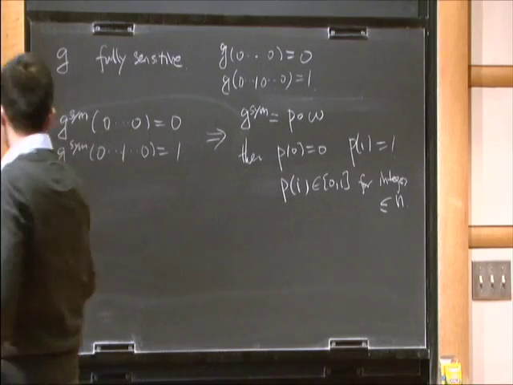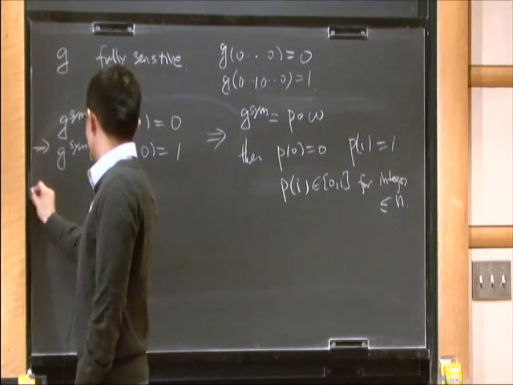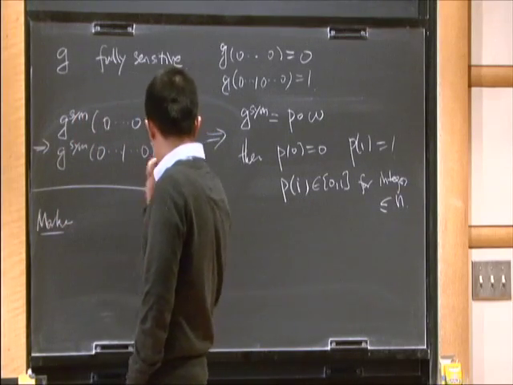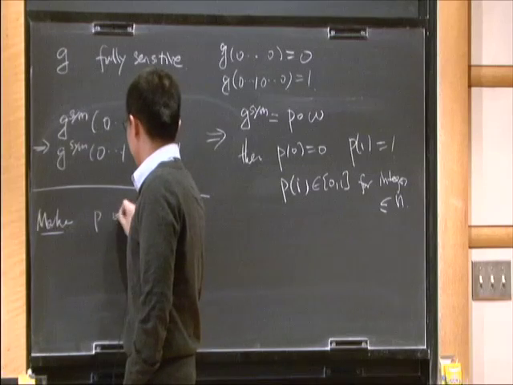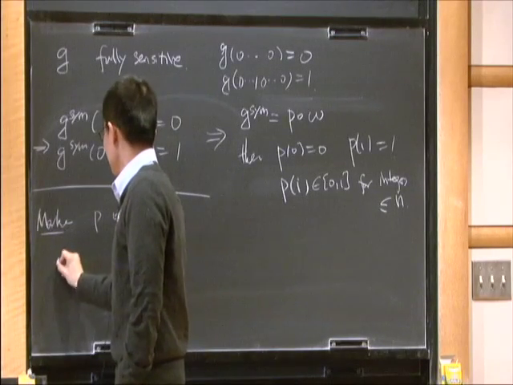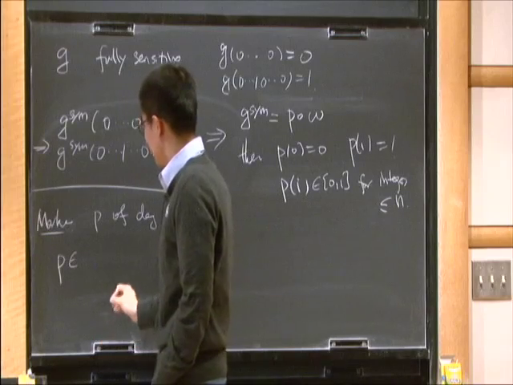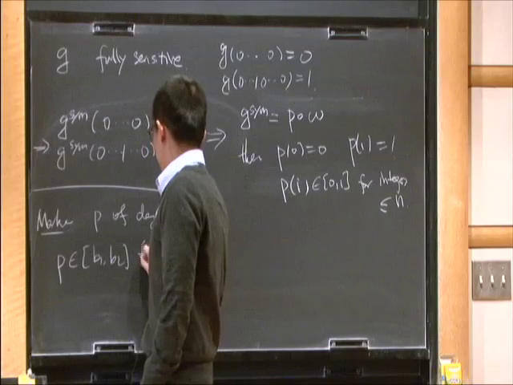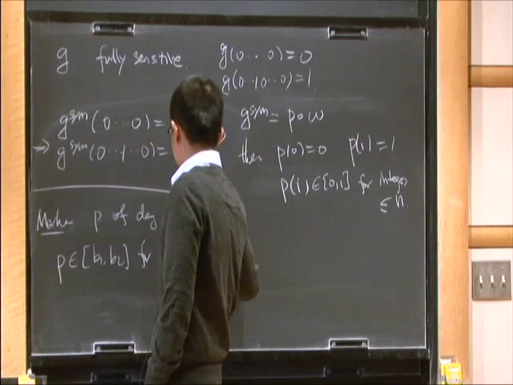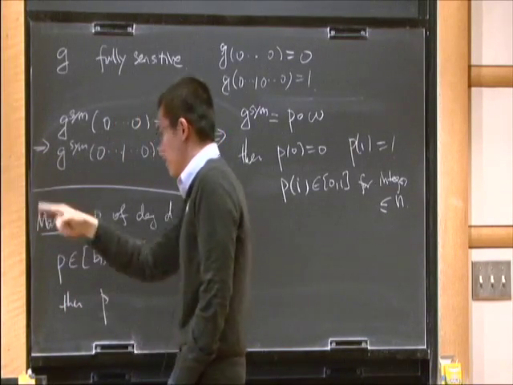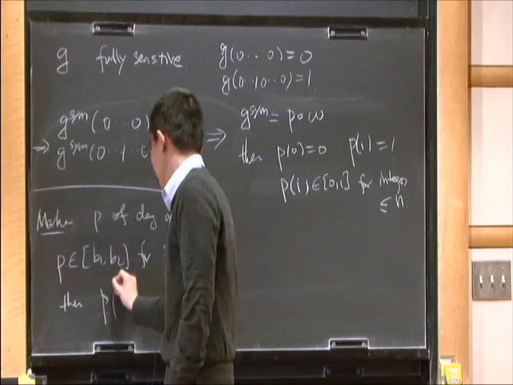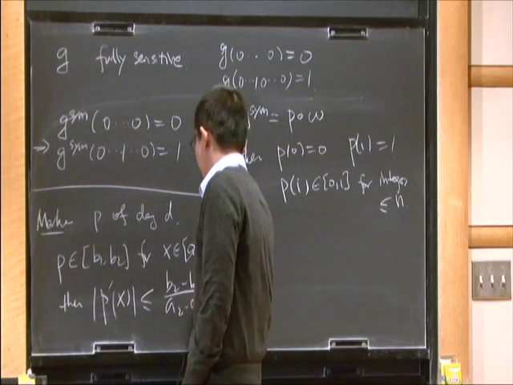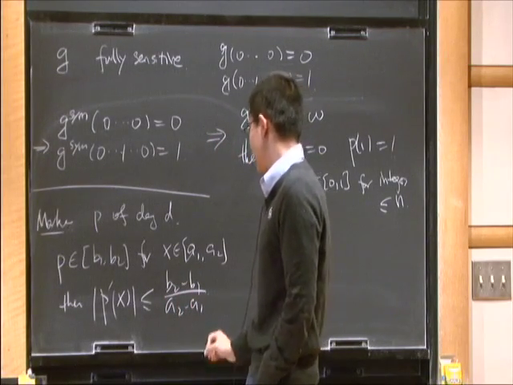So Markov's inequality can be rewritten in the following way. If we have a polynomial p of degree d, where the range of p is in b1 to b2 for s in a1 to a2, which is just another way of stating this L infinity norm, then the derivative is bounded by (b2 minus b1) divided by (a2 minus a1) times d squared.